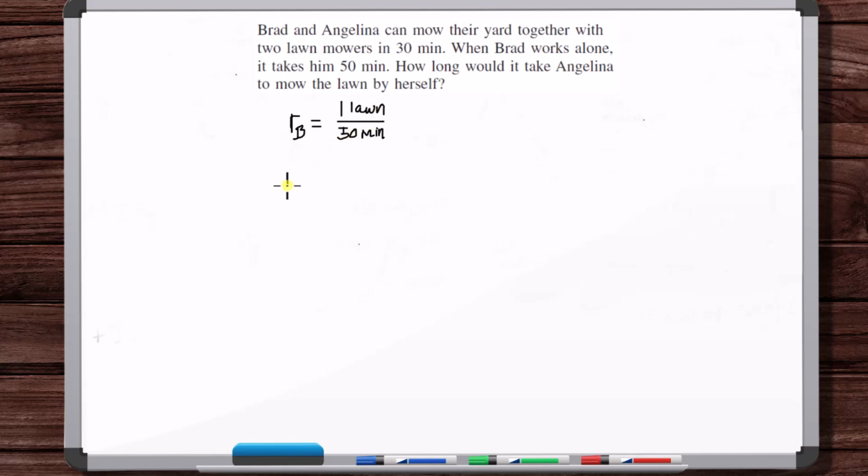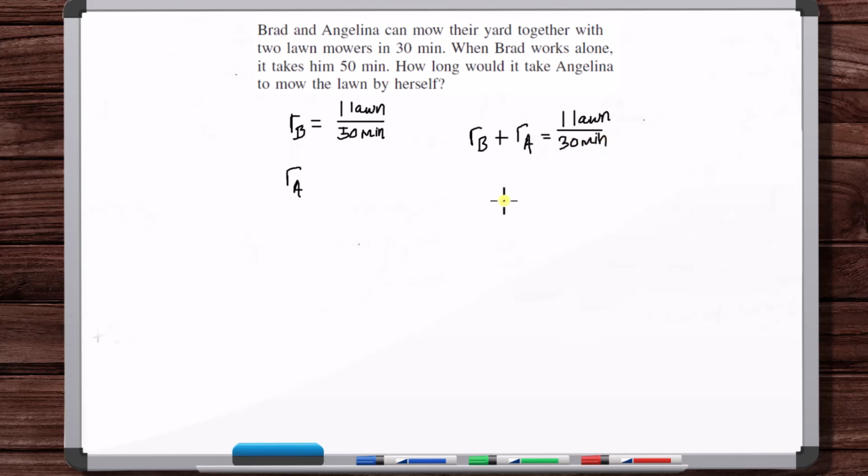Okay, so the rate of Angelina, we don't know that. But together, if you add the rates, and I explained in the previous video how you can think about adding rates in this scenario, RB plus RA is equal to 1 lawn in 30 minutes.